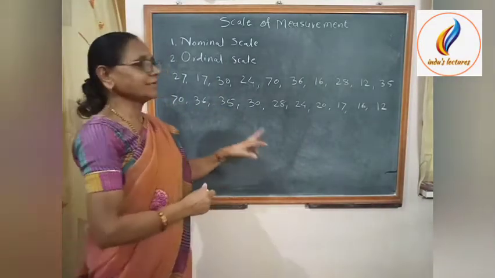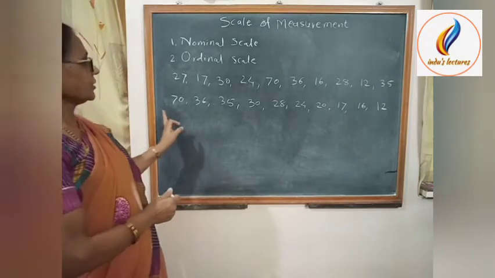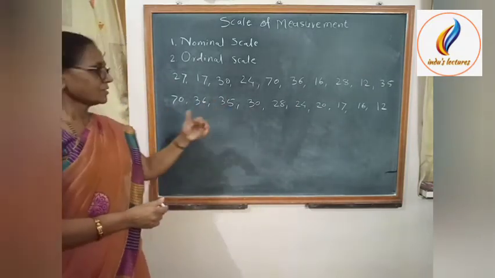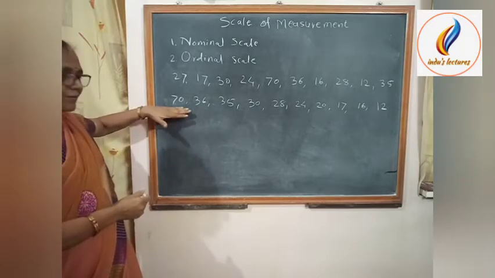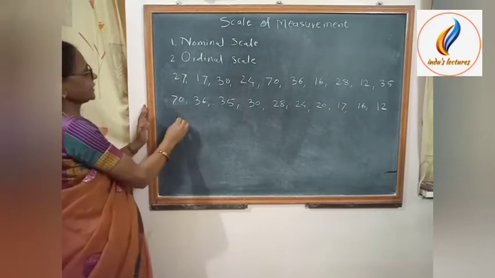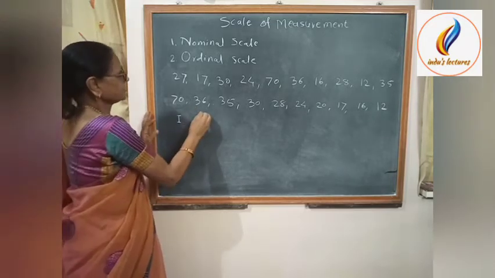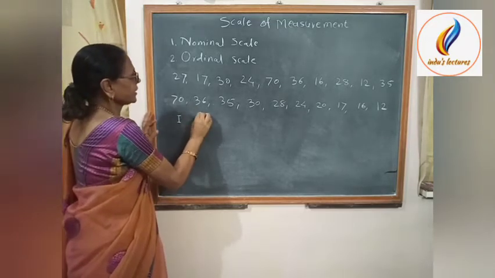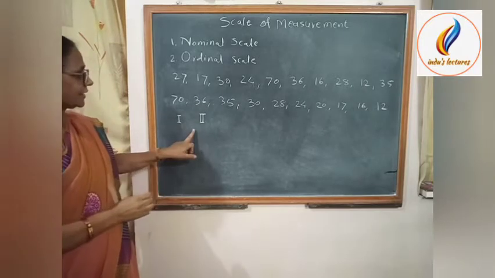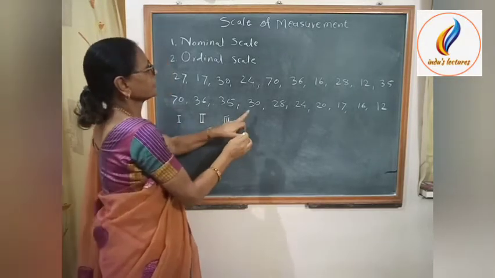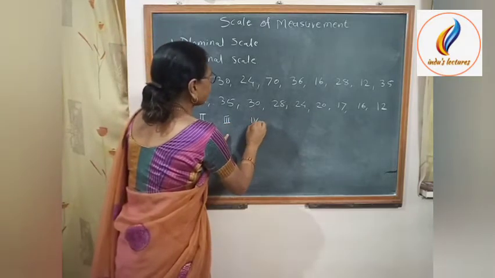Now assign the rank order to each student, that means on the basis of score. The highest score is 70, so its rank is first. Then 36 has second rank, 35 has third rank, 30 has fourth rank.